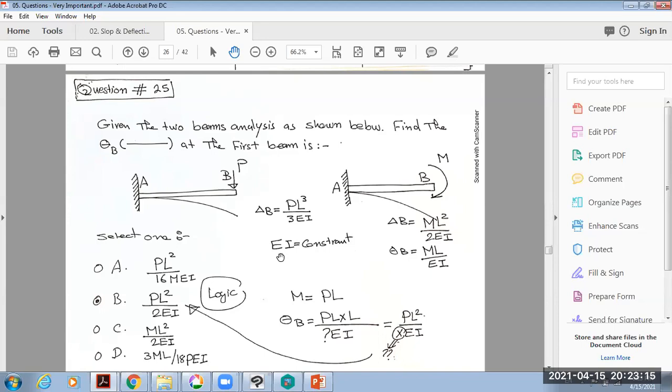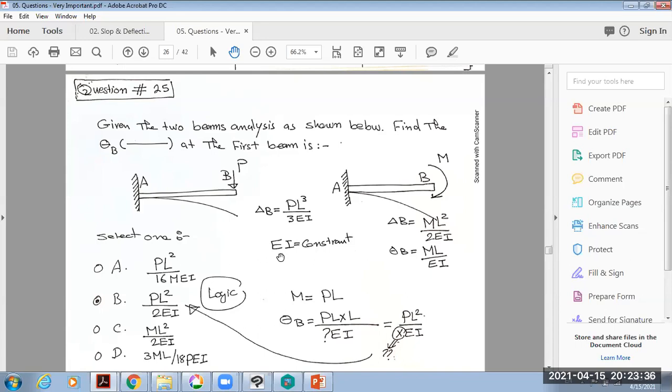WL, giving me moment, yes. What's the value of the moment? WL divided by 2EI. Okay, this is W L square. Very good. Option number C, ML square divided by 2EI, so C is wrong as well.